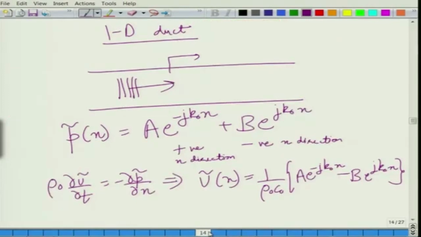Basically, the impedance at any point, let us call this distance x, and this is 0, this is L perhaps.